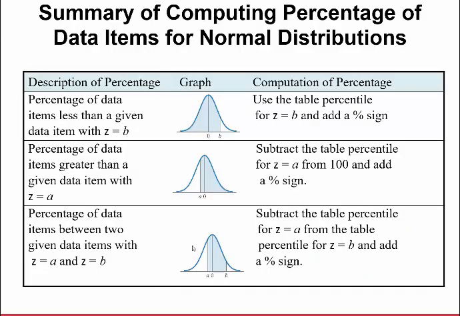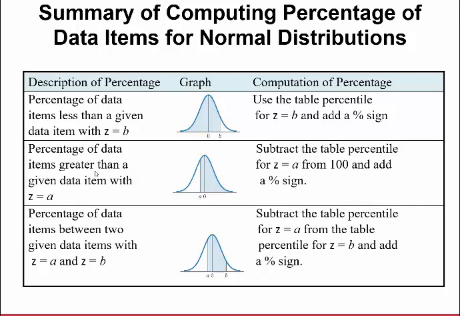This is just a summary of how you answer different problems. If you're asked to find the percentage of data items less than a given value, you find the z-score, look up the value on the table, and add a percentage sign. Now here's the thing.